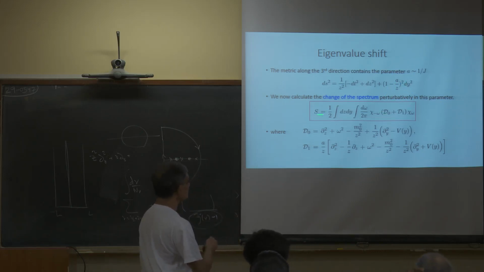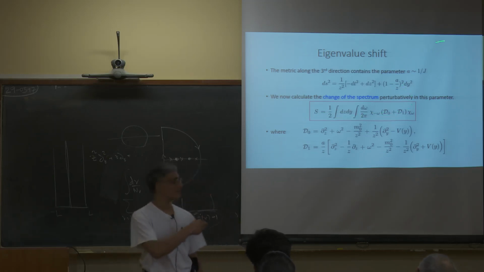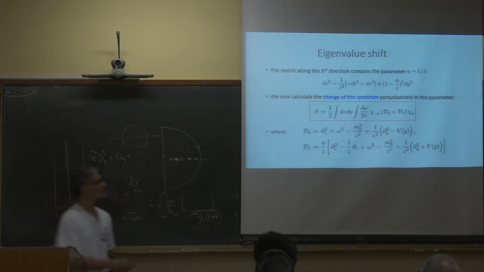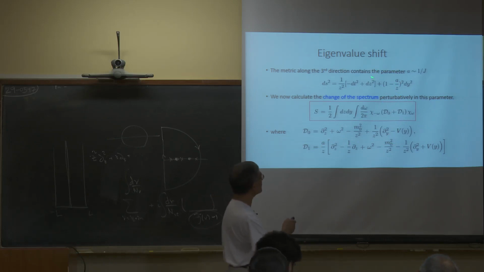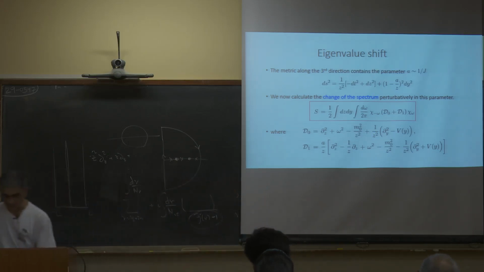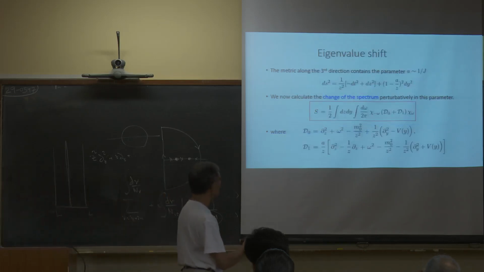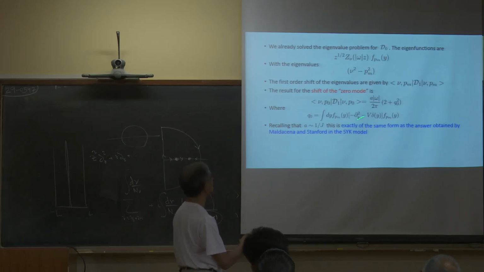So, that we do by just very normal Rayleigh-Schrödinger perturbation theory. You write down that action with d0 the one without the a, and d1 proportional to a. So, in perturbation theory, in order to calculate the change of the spectrum, all you need are the eigenfunctions of the 0th order, and calculate the expectation value of the perturbation in that. So, that is what you do, and this is what the answer is.